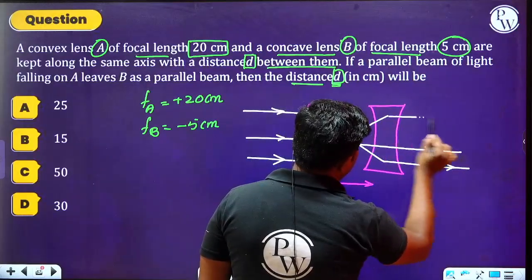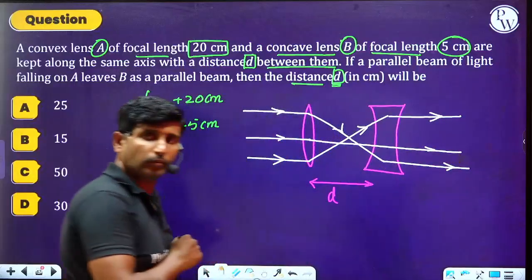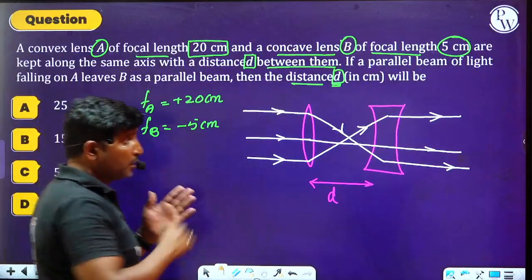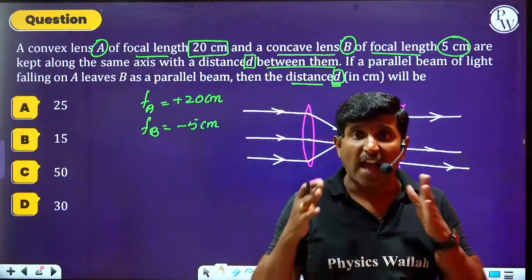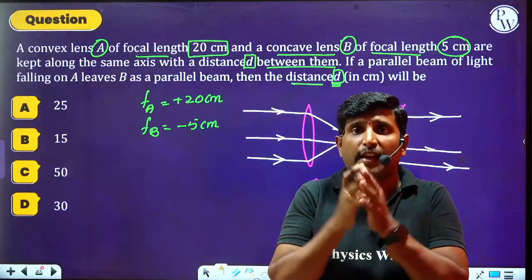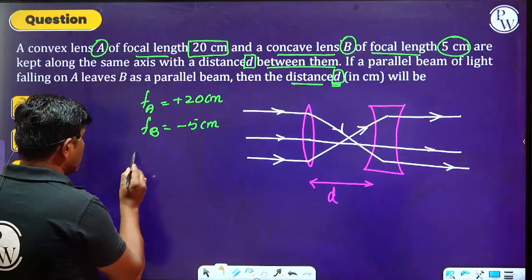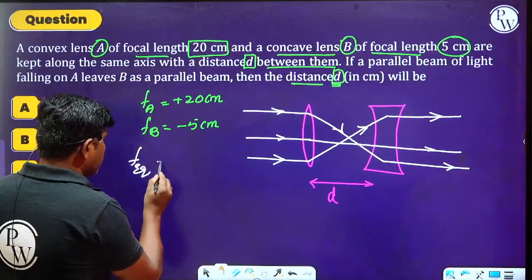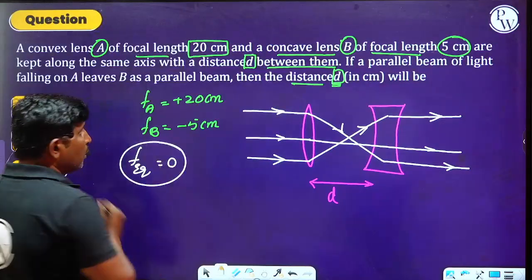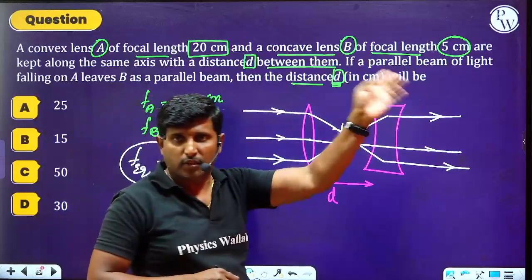Please observe and look at the board. What is the meaning of this? This combination will act like just a transparent glass plate. Therefore, we can say that F equivalent must be equal to 0 according to the given sentence.